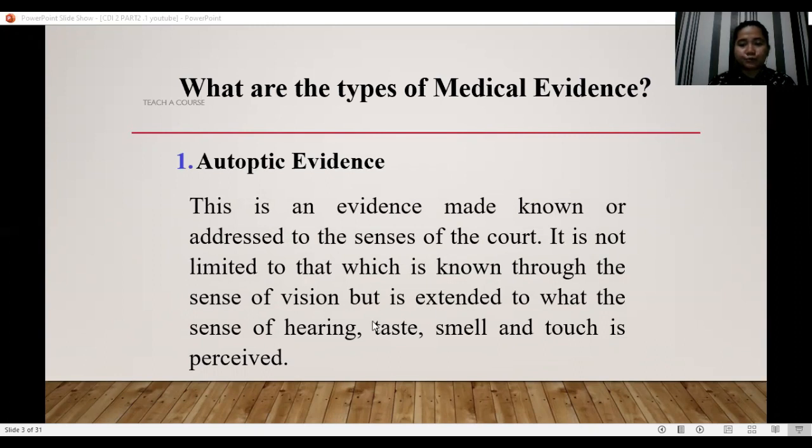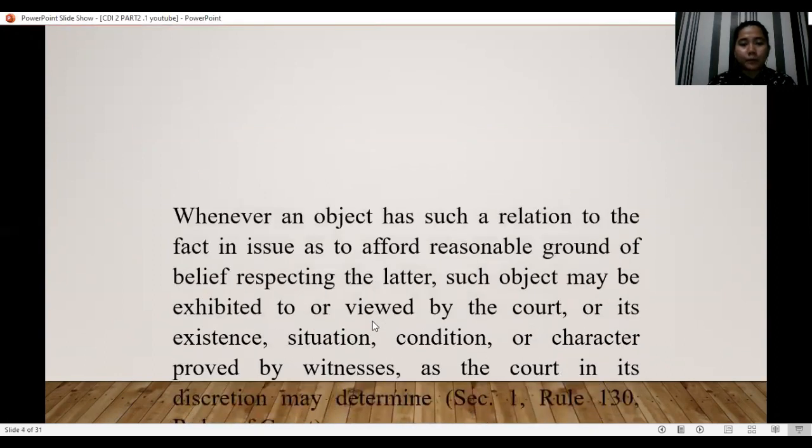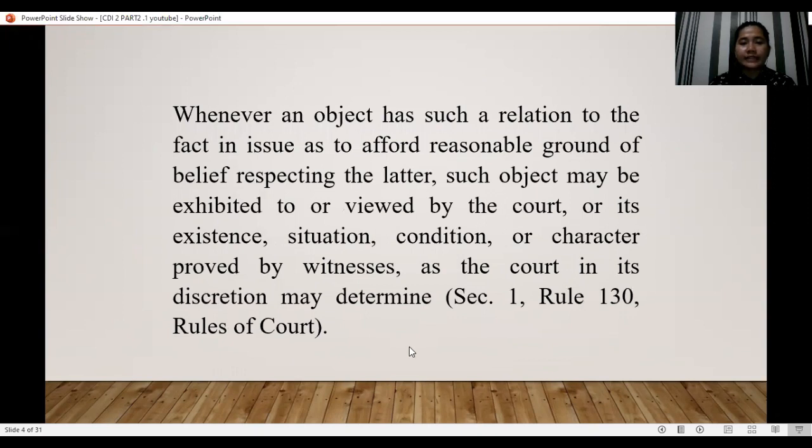Whenever an object has such relation to the fact in issue as to afford a reasonable ground of belief respecting the latter, such object may be exhibited to or viewed by the court, or its existence, situation, condition, or character proved by witnesses, as the court in its discretion may determine, under Section 1, Rule 130, Rules of Court.